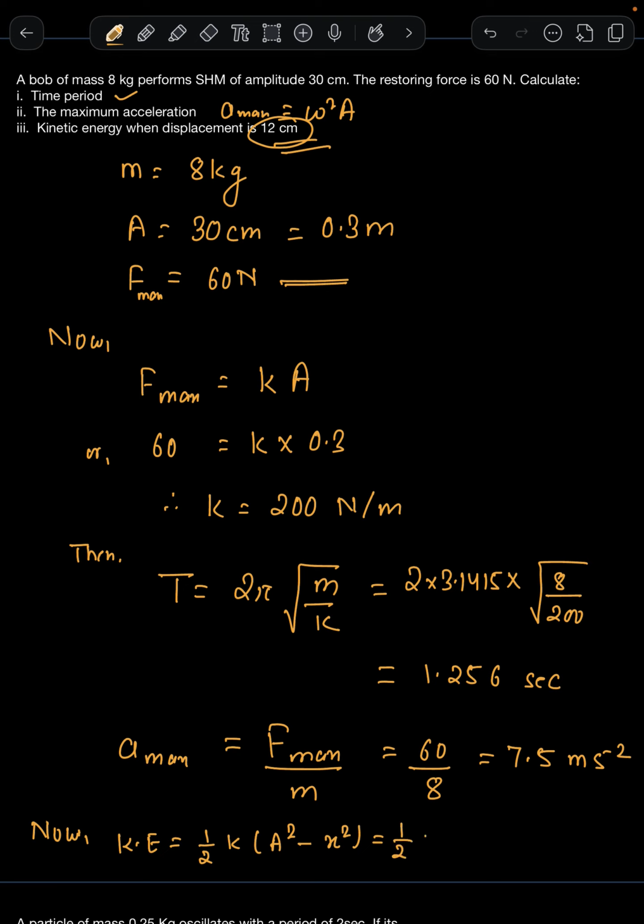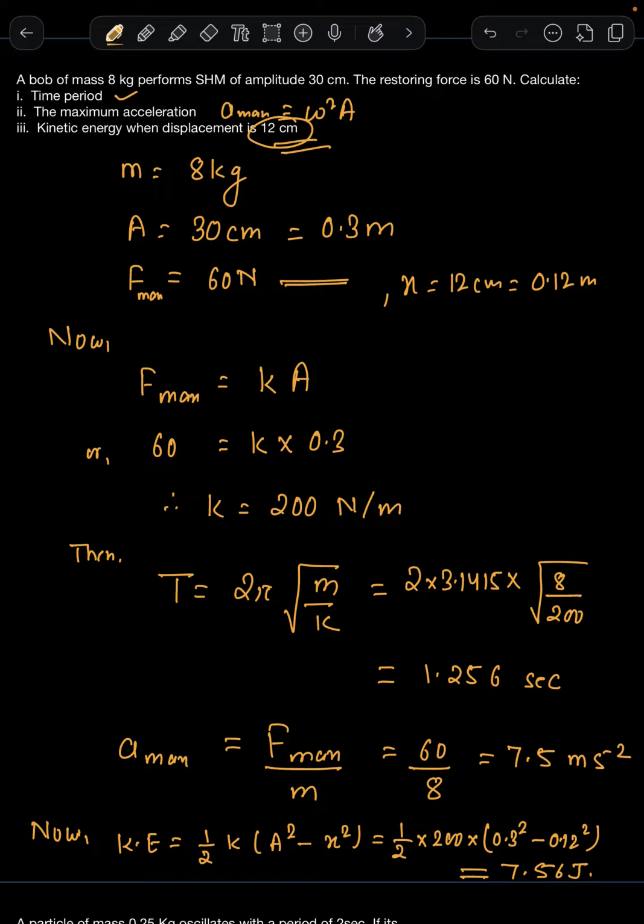So 1 by 2 into force constant 200 into amplitude 0.3 square minus x, where x is 12 cm, that is 0.12 meter, 0.12 square. This on calculation gives 7.56 joule. So the third question is solved and is on your screen.